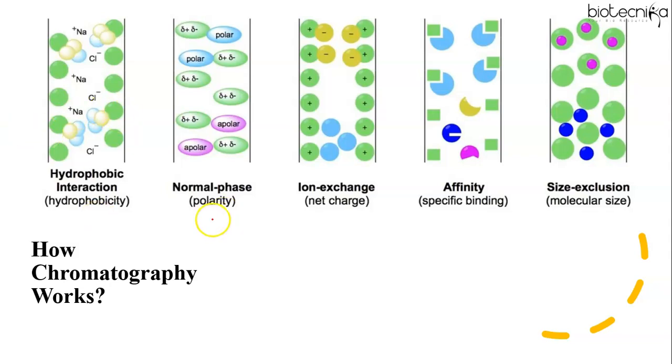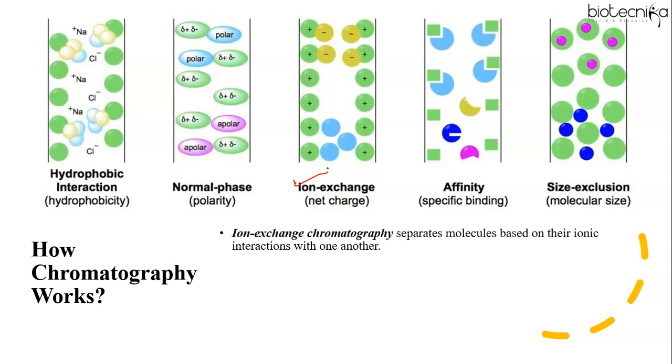Then ion exchange chromatography. Ion exchange is a form of chromatography that separates ions and ionizable polar molecules based on their affinity to the ion exchanger. So in ion exchange chromatography, the molecules are separated based on their ionic interaction with one another.